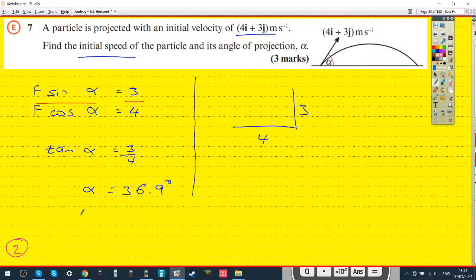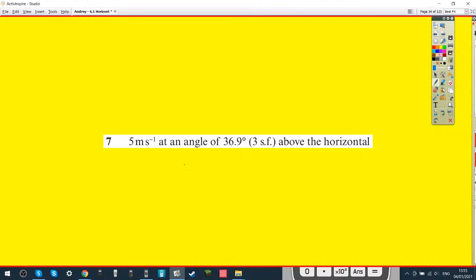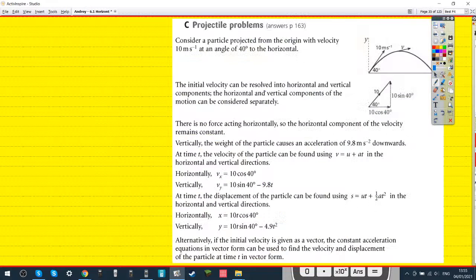Yep. And so the initial speed is u, and that is 5 meters per second. Pythagoras with those two gets you the F. The tan of the j over the i is alpha. 36.9. Great.